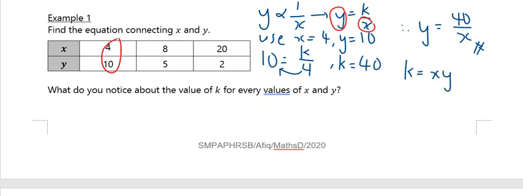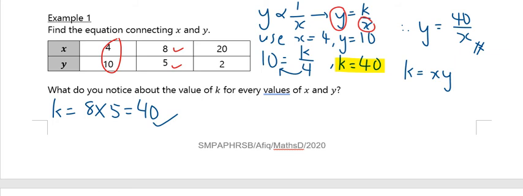Let's have a look at another pair of values, 8 and 5. k equals 8 times 5, which equals 40.